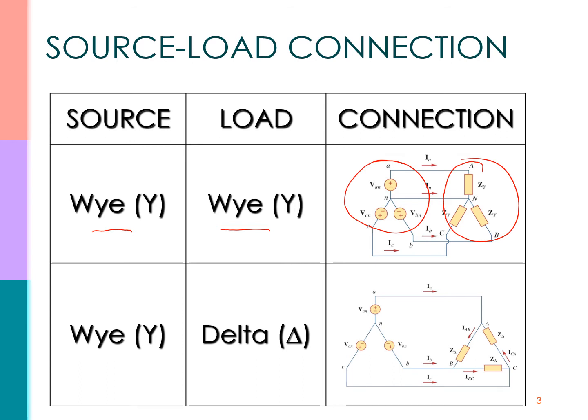The second one is a Y-delta. We have a voltage source in Y connection connected to a delta load. So we have a Y source connected to a delta load.